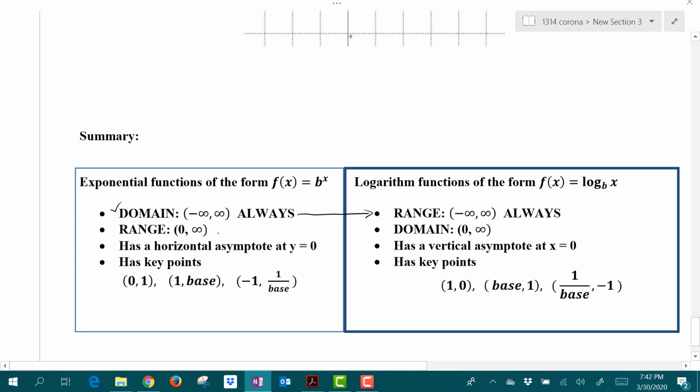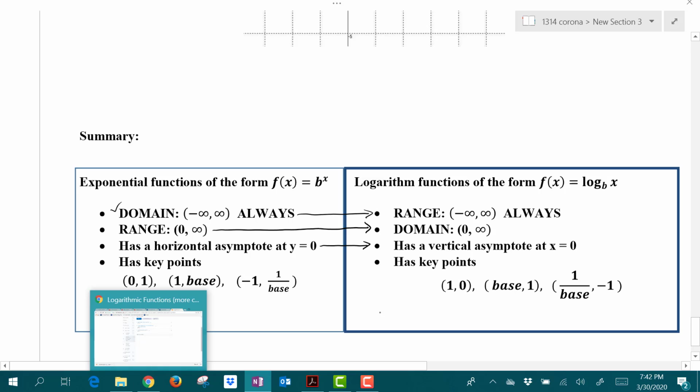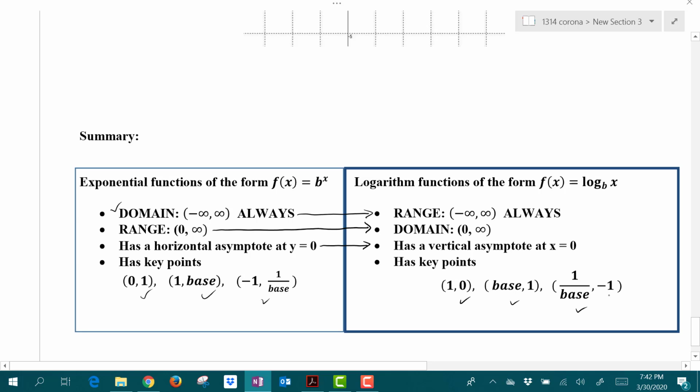If the range of the exponential is from 0 to infinity, then the domain of the log is from 0 to infinity. Exponentials always have a horizontal asymptote at y equals 0. The logarithmic functions are always going to have a vertical asymptote at x equals 0. Okay, and I've just listed a few key points that you're going to see on each graph, and then when you flip them all around, you get the key points on the graph of the logarithmic function.